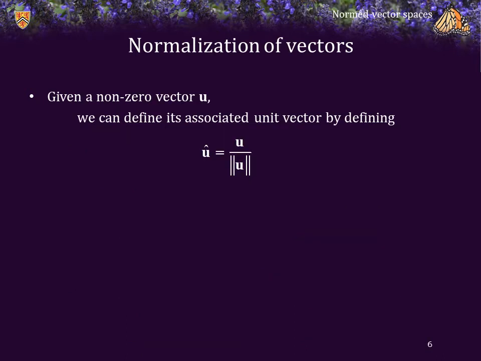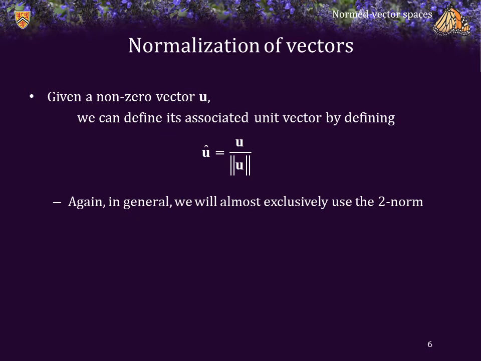Now, given a non-zero vector u, we can define its associated unit vector by dividing u by its norm. So if u is any vector in a vector space, then u hat is the normalized unit vector. Again, we are going to be almost exclusively using the 2 norm to normalize vectors.